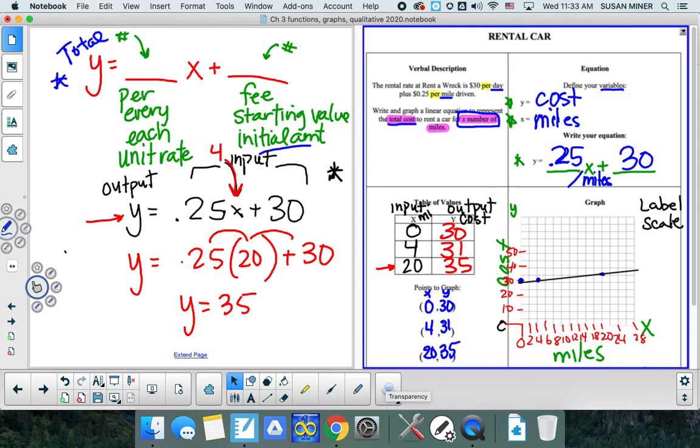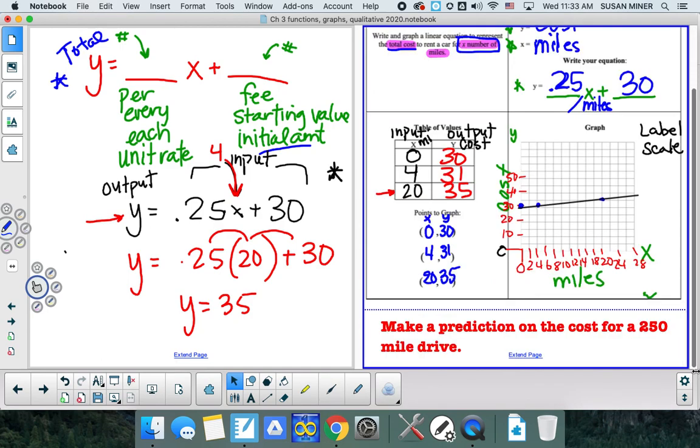Now, what if I wanted to make a prediction? What if I wanted to predict the cost for something way in the future, right? A really big number of miles, 250. Well, I can actually use this function now that I know where my data is going.